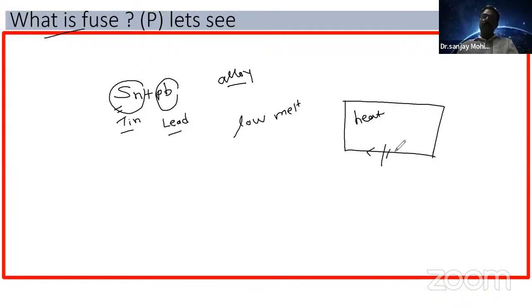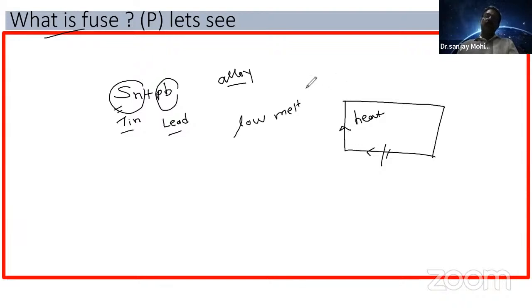Due to a short circuit, if current more than the permissible value passes through the circuit, it causes fire. So to avoid the short circuit, we should control the current so it does not exceed the permissible value.